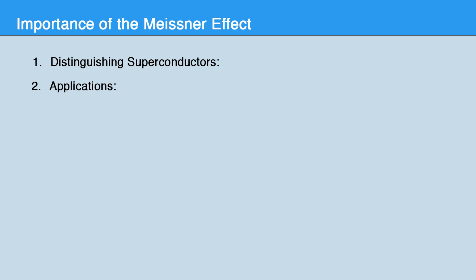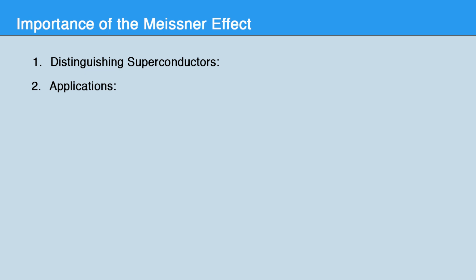Importance of the Meissner effect. Distinguishing superconductors. The effect is one of the defining characteristics of superconductors. It helps differentiate a true superconductor from a perfect conductor, which would allow the magnetic field to remain trapped inside even if the material had zero resistance.